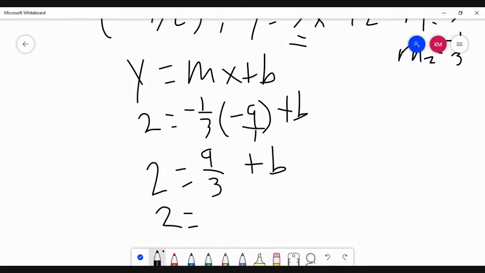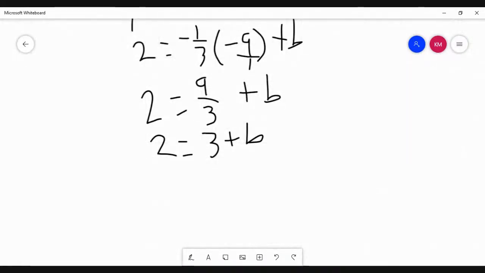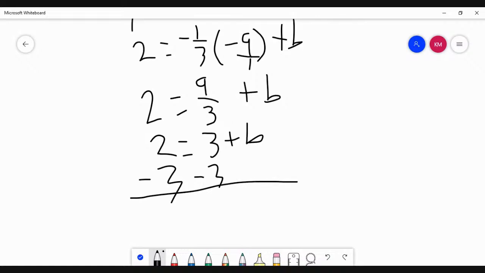Now, 9/3 gives me 3, plus b. Minus 3 on both sides. Cross out my 3's. 2 minus 3 is -1, and that equals b.